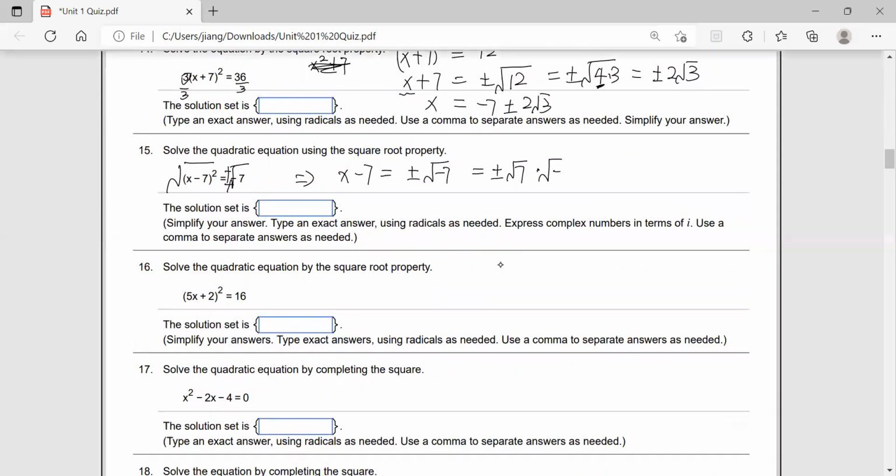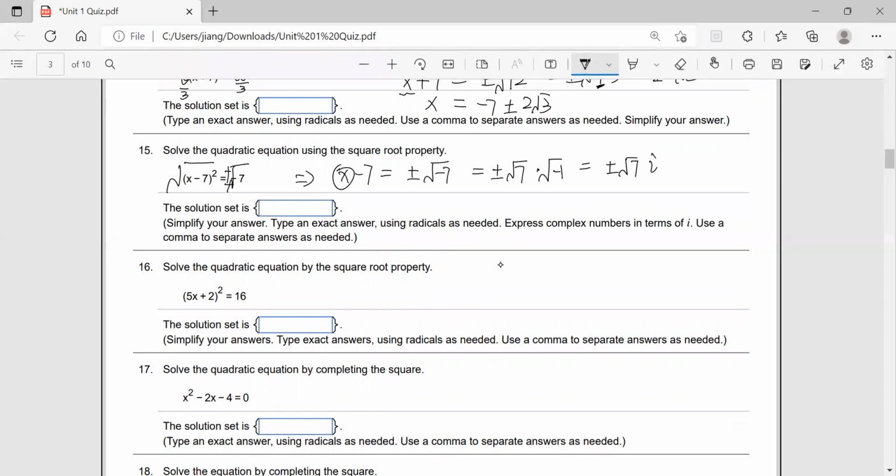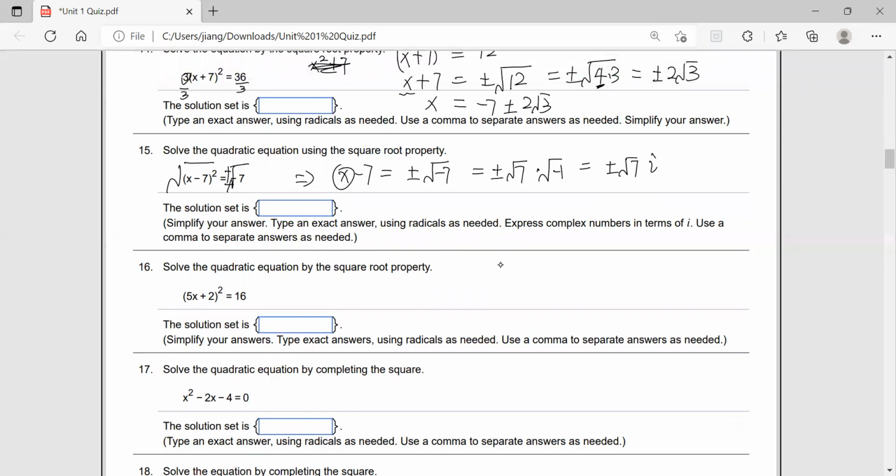So this one is positive negative square root of 7 i. And then I'm solving for x. That means I need to add 7 to both sides. X equals 7 plus or minus square root of 7 i.